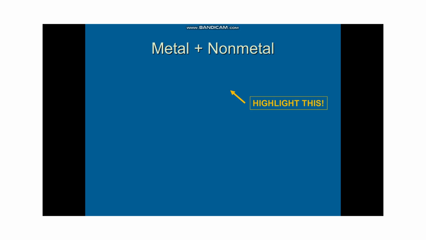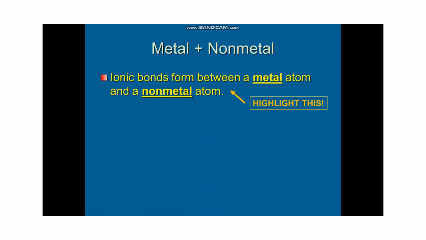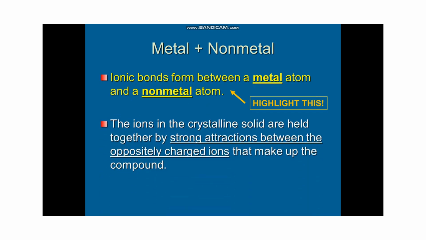You will find the compound which has one part from a metal and the other part from a non-metal. Another hint I am giving you: the metal part is written first and the non-metal part second, meaning the left side of the compound is always the metal part and the right side is the non-metal part. So ionic bonds form between a metal atom and a non-metal atom. That's the highlighted point over here.